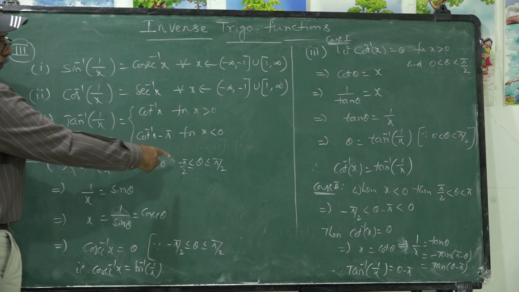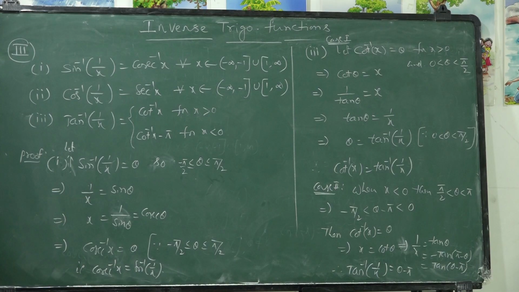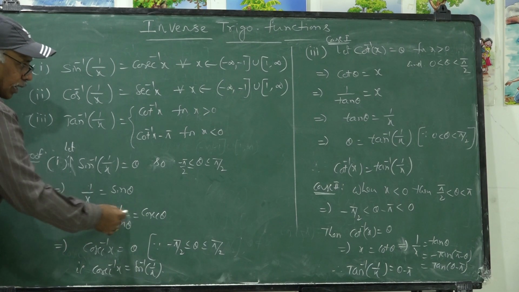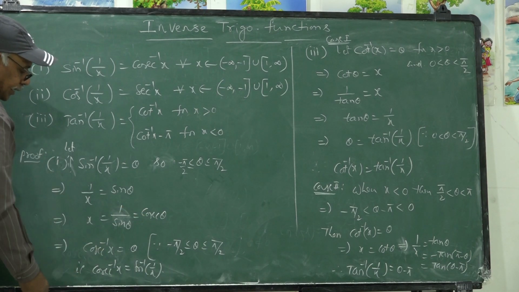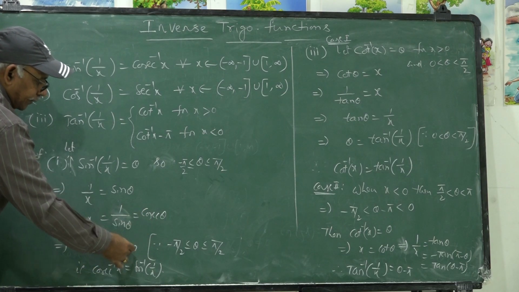As theta lies between minus pi by 2 to pi by 2, cosec is invertible. Hence, you can apply cosec inverse on both sides here, so that we get cosec inverse x becomes theta.